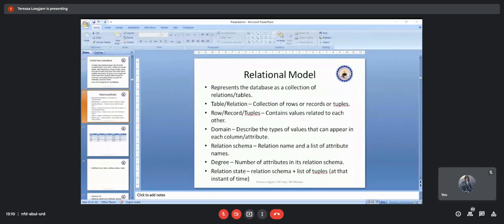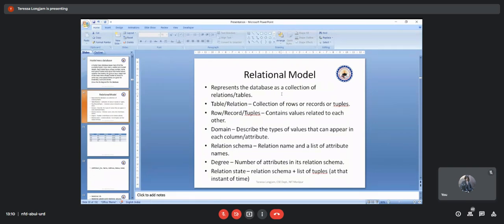We are just representing the database in a particular model which is more comfortable for us, more readable and more understandable to us. So relational model is one such kind of model by which we can represent the conceptual model of a database.